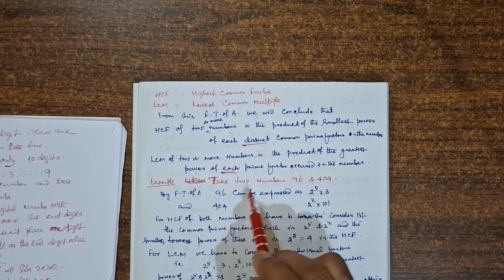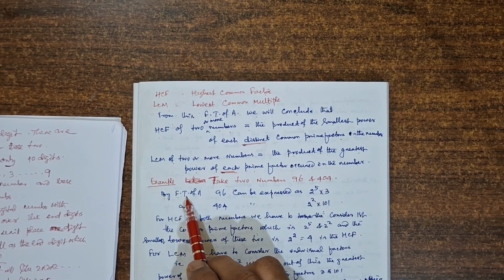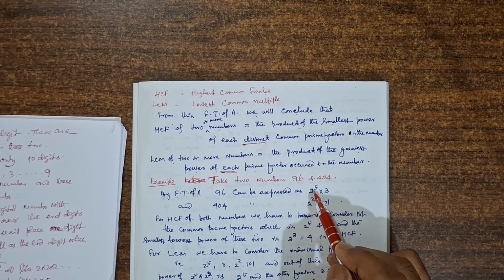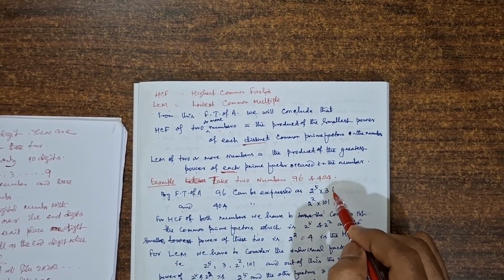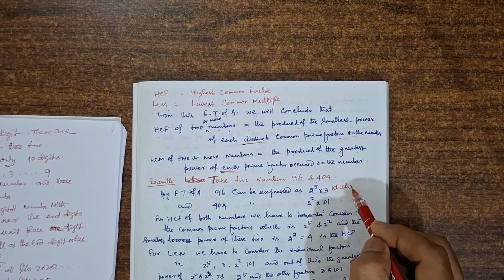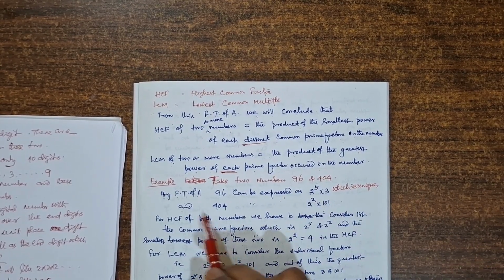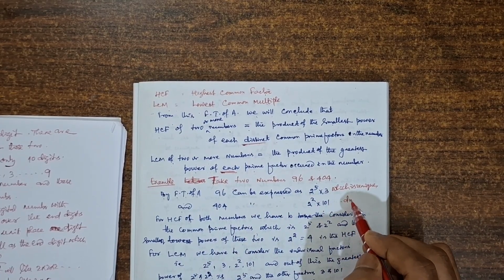For example, take two numbers 96 and 404. By the fundamental theorem of arithmetic, 96 can be expressed as 2 to the power 5 into 3, which is unique. 404 can be expressed as this, which is unique.